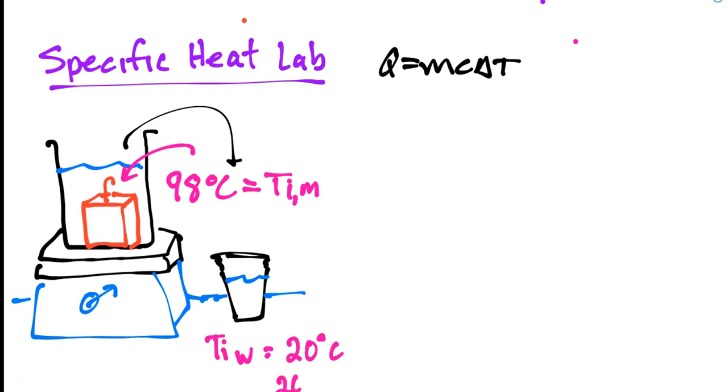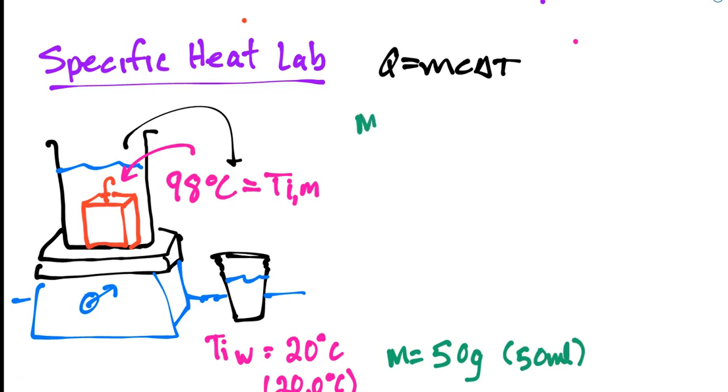Now the water has a mass of 50 grams. We measured 50 milliliters, which is the same as 50 grams. We also know the mass of the metal, which we're going to say was 180 grams.